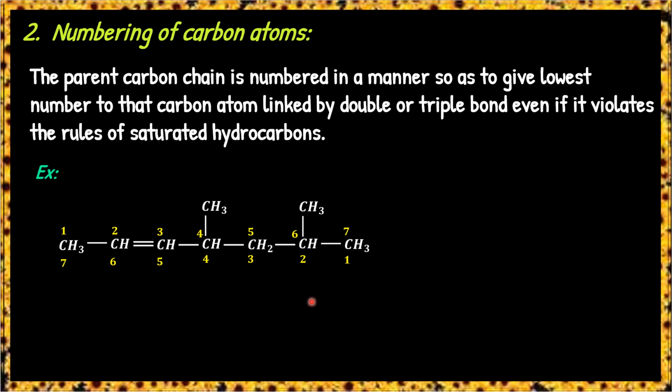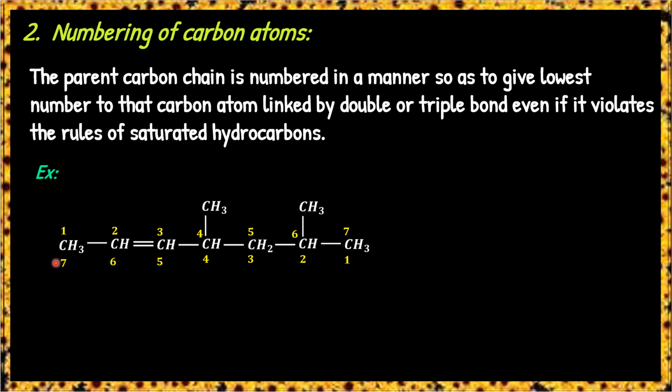Okay, so if numbering is done from left to right, the second carbon atom is linked to the double bond. If numbering is done from right to left, the double bond is attached to the fifth carbon atom.